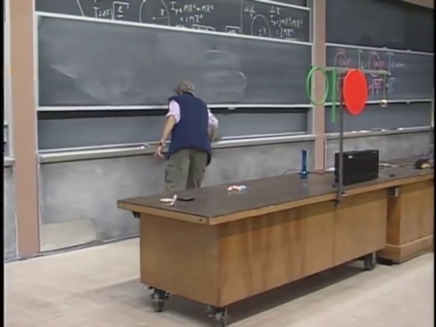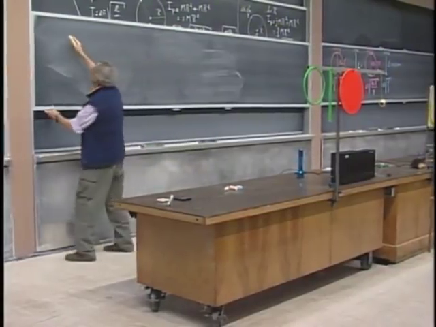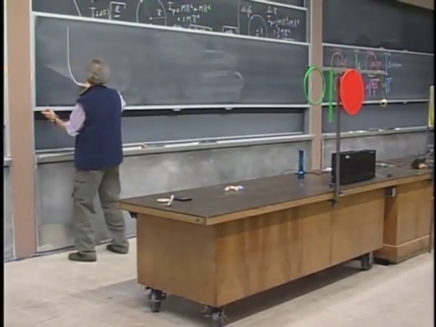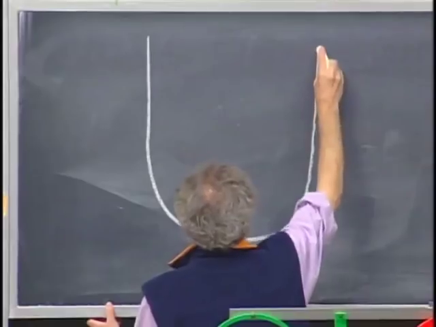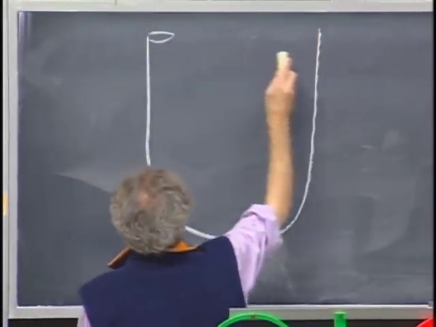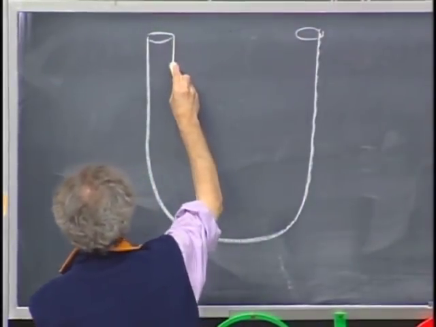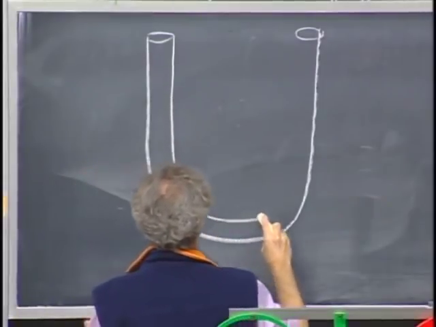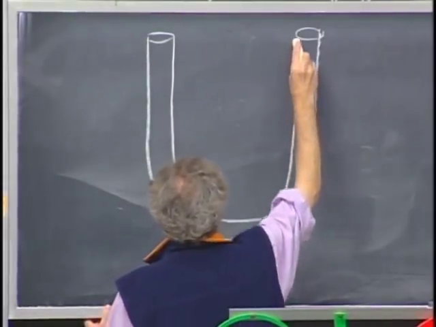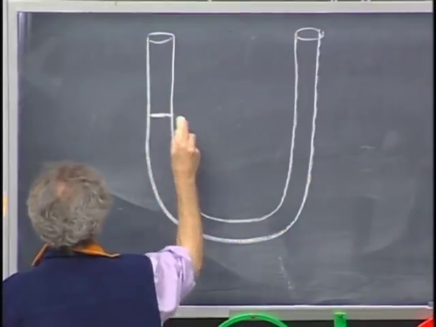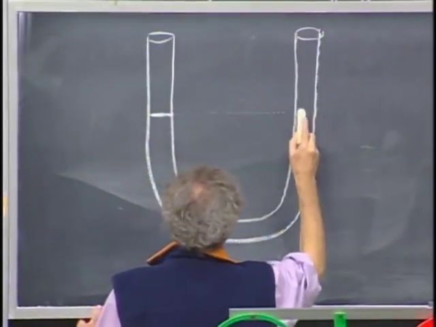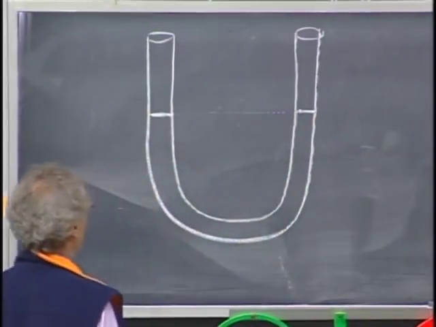If I have here a tube, which is open on both sides, and everywhere has the same cross-section. And I put a liquid in here, in equilibrium, just like that.